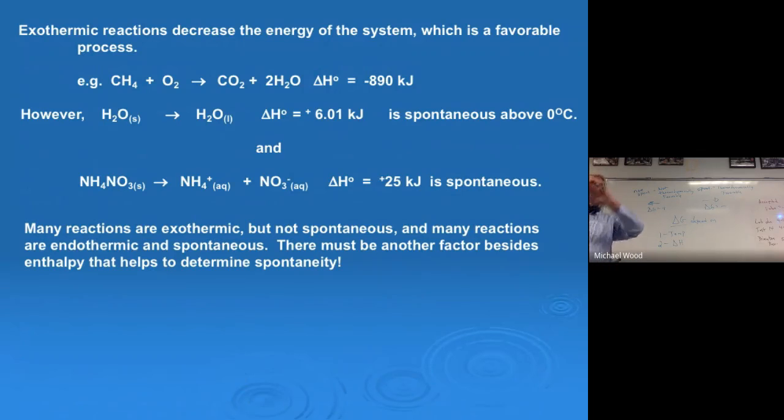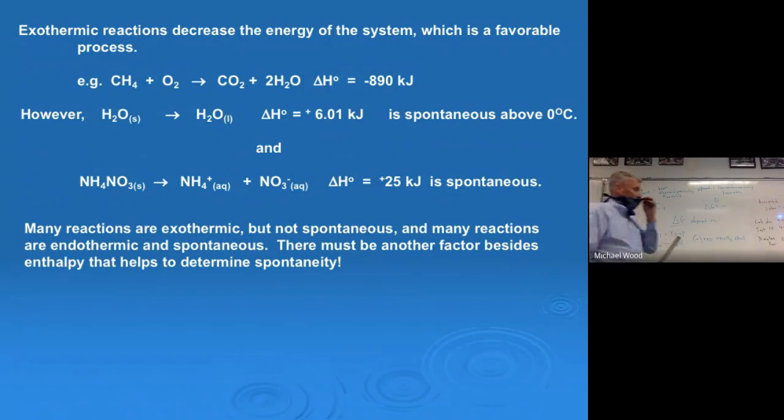And this is why, if we go way back into the fall, between Halloween and Thanksgiving, we did chapter 6, which was thermochemistry, a whole bunch of delta H stuff. Now we're doing thermodynamics, so we're going to do a little review of some delta H stuff. But typically what this slide is showing is that when delta H is negative, which is exothermic, usually that's spontaneous, but not always.